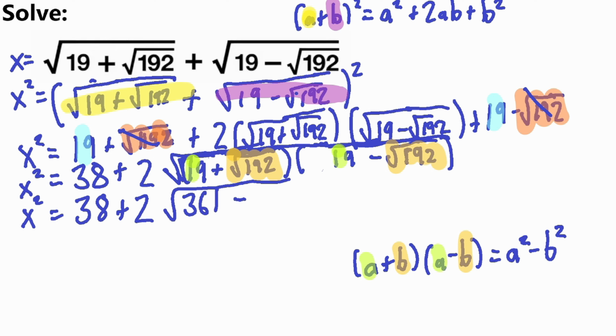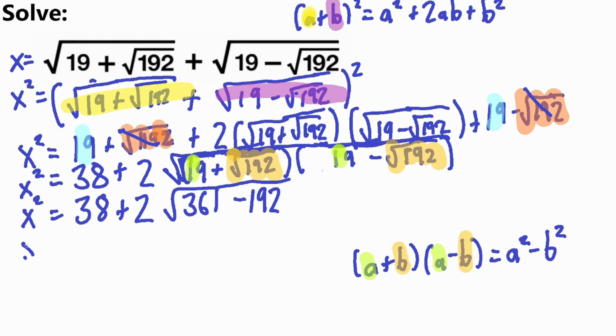And then minus B squared, our B is square root of 192. And like I already mentioned, if you square a square root, that will just cancel out the square root. So that would be 192.